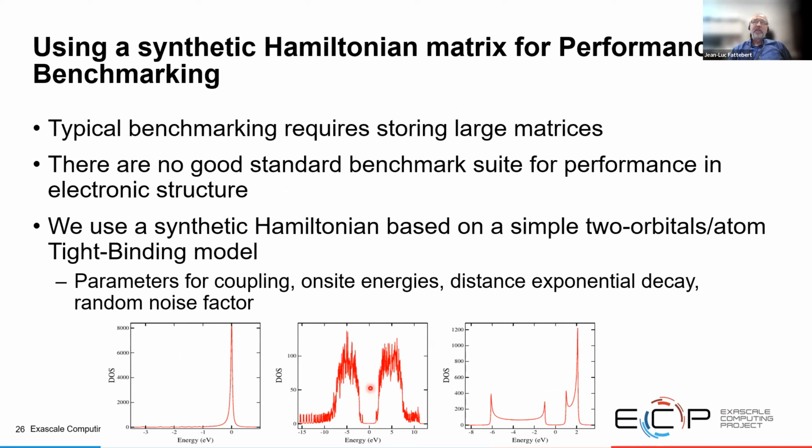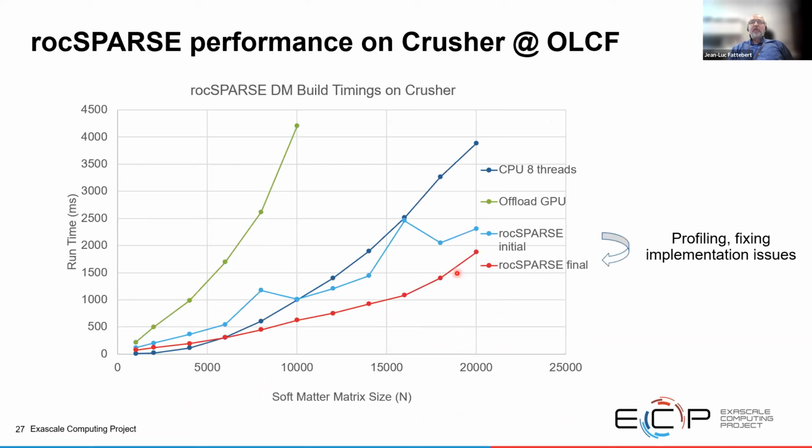So we're using the tight binding Hamiltonian model, which is widely used in the community, with a simple parameterization that allows us to mimic different systems, metallic systems, systems corresponding to biomolecules or semiconductors, by tuning a few parameters. And we can use that to evaluate performance on these machines.